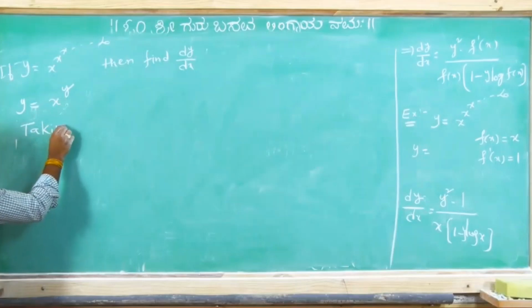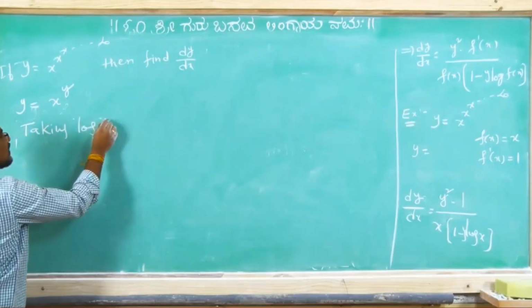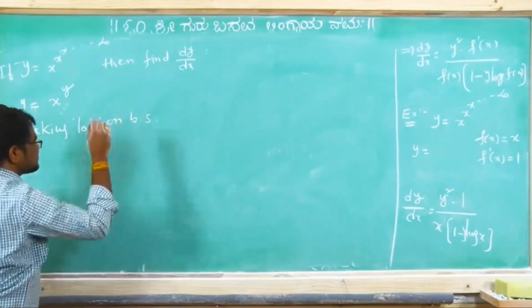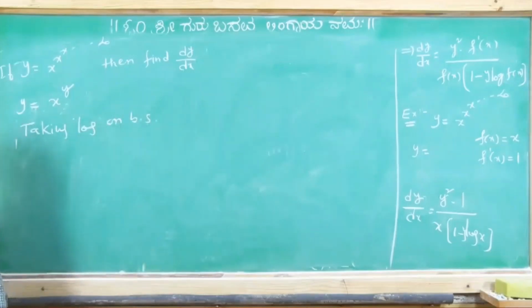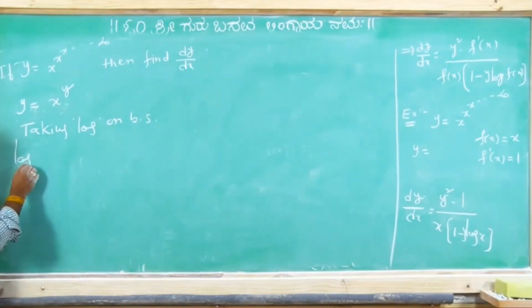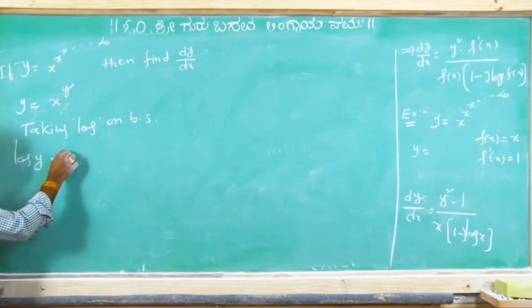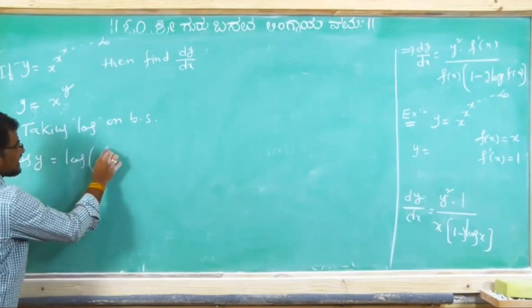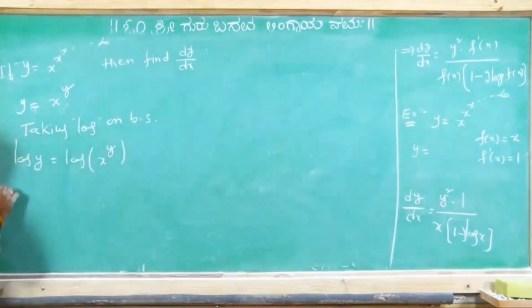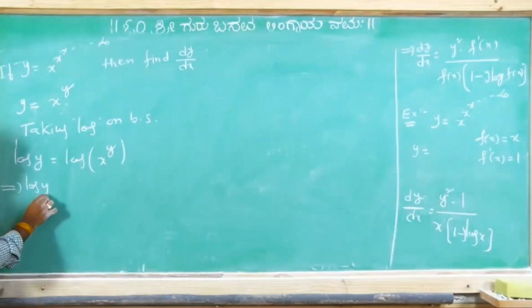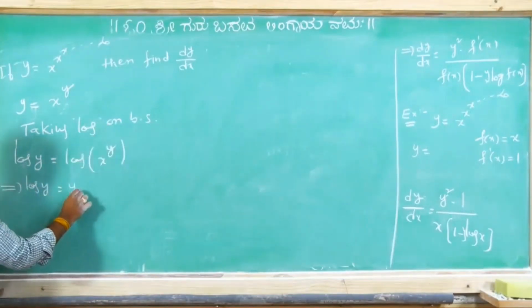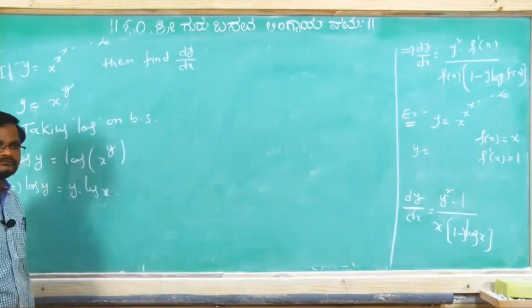Taking log on both the sides. Log y equals log of x power y. That implies log y equals y into log x.